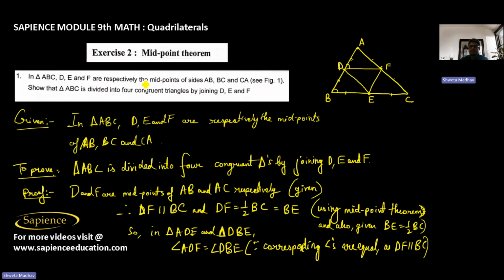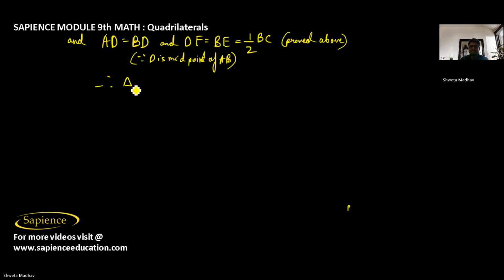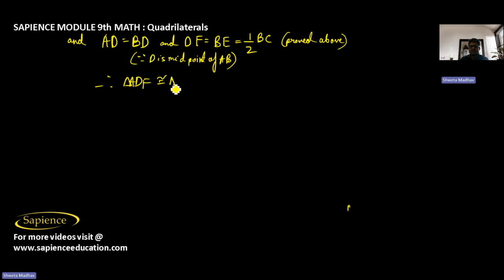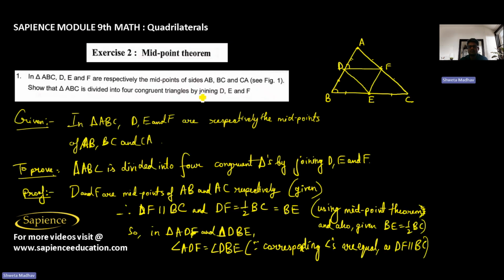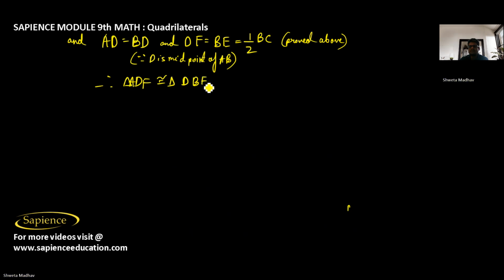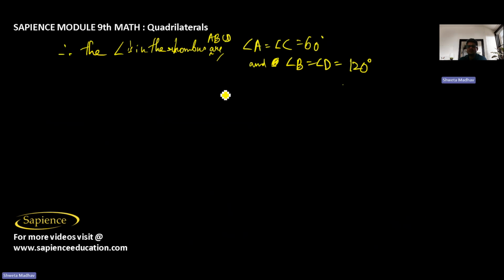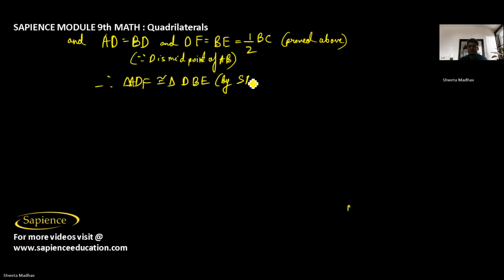So therefore, I can say that triangle ADF is congruent to triangle DBE by SAS rule of congruency.